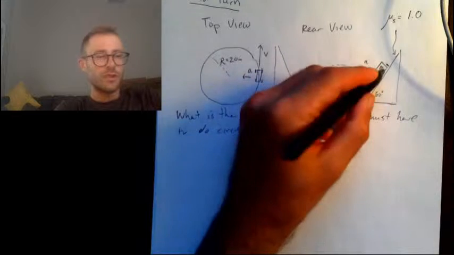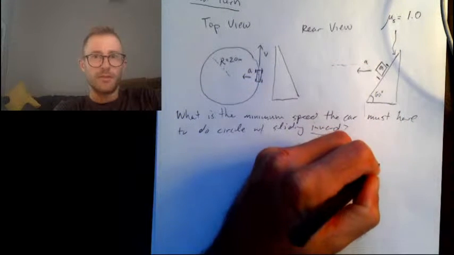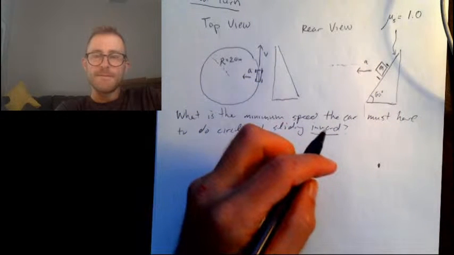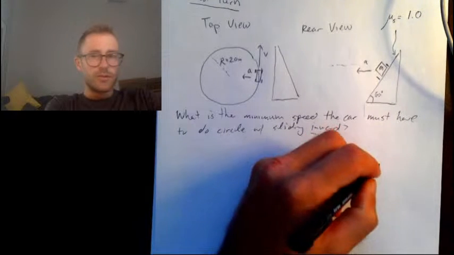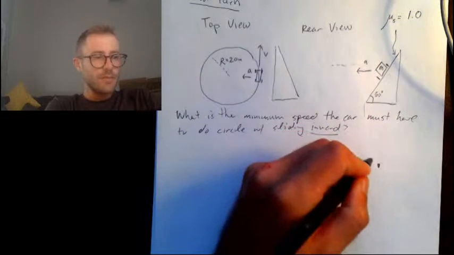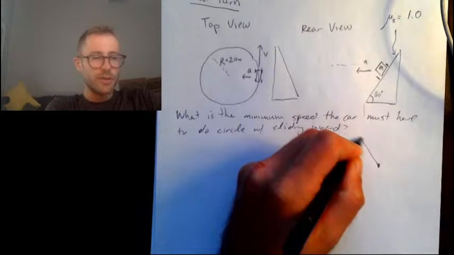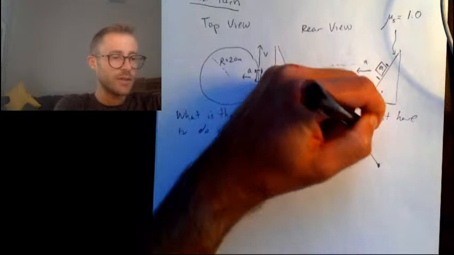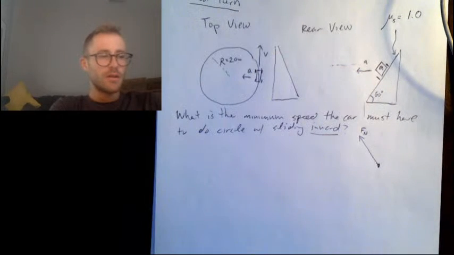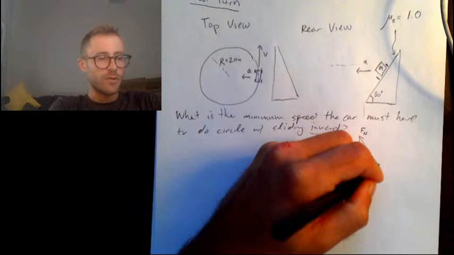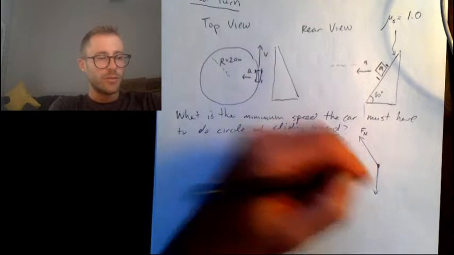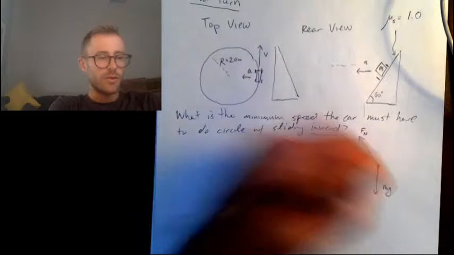What are the forces on the car at this particular instant? So we have normal force going perpendicular to the incline, F sub n. We have weight force, mg, which is vertical.